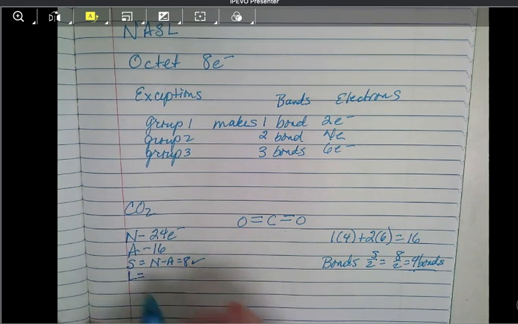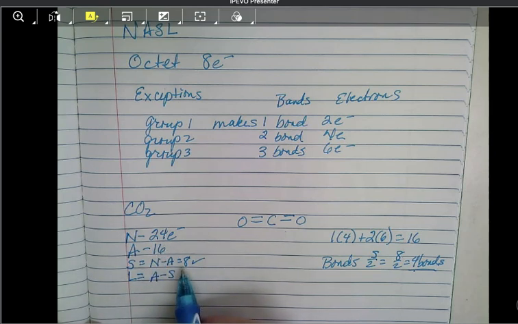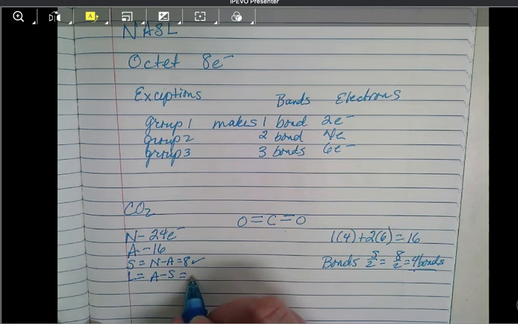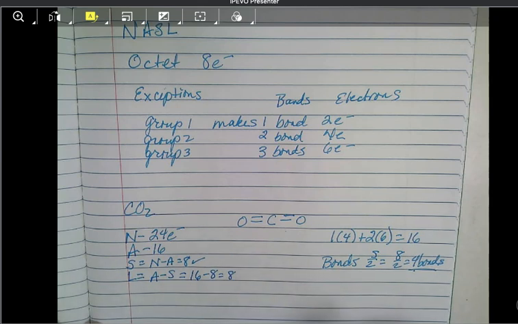Now my lone pair electrons, or my lone electrons. Lone electrons is A minus S. So how many do I have available? How many have I already shared? That will tell me how many are left over for lone pairs. So 16 minus 8 is 8.